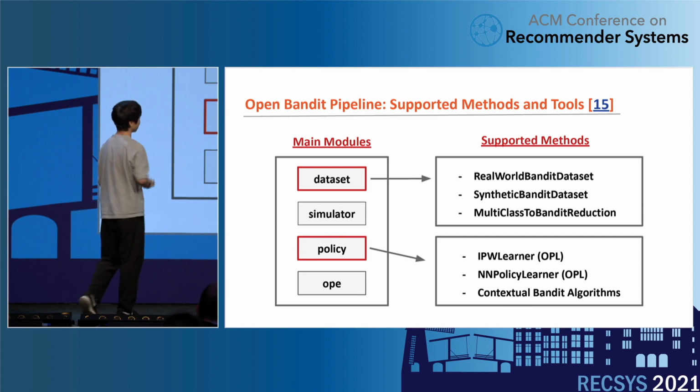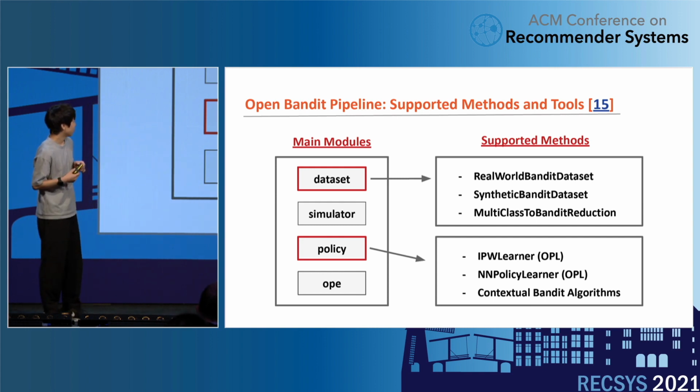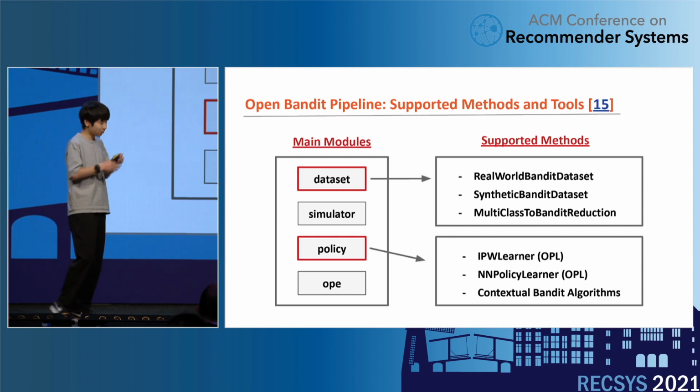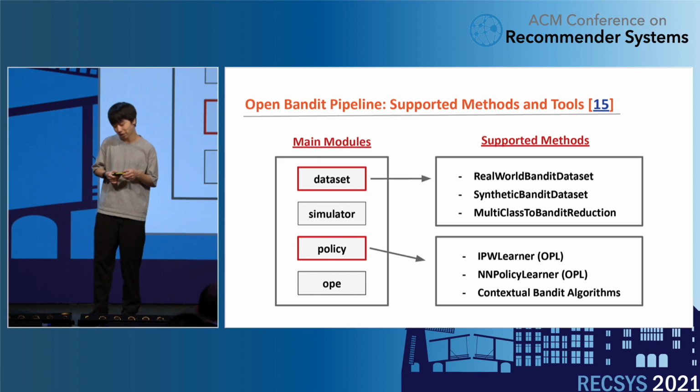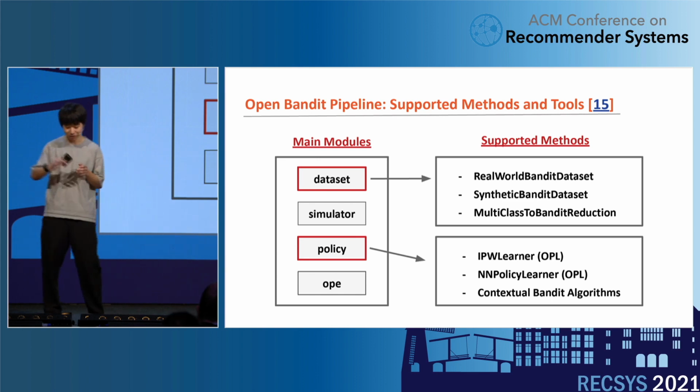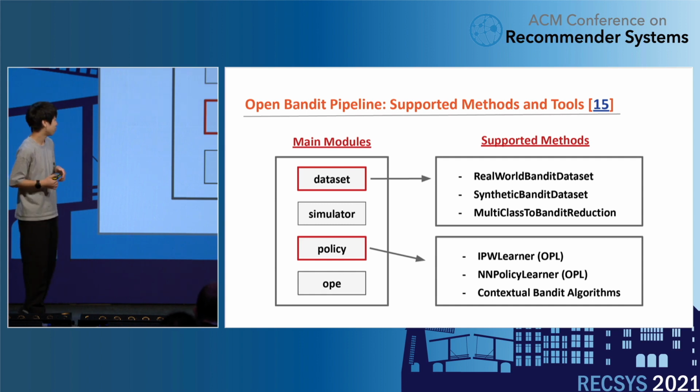And also the multi-class bandit reduction. I think it's usual for off-policy evaluation researchers to use classification data in their experiments. There's a nice trick to transform classification data into bandit data.